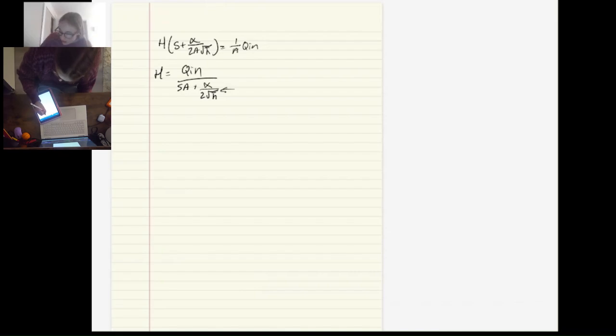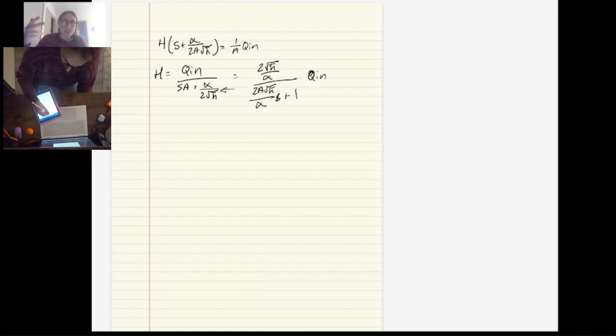So then we have 2 equal to 2H bar over alpha, times Q. And then we have 2A H bar over alpha times S plus 1. Okay, so we have our function here.